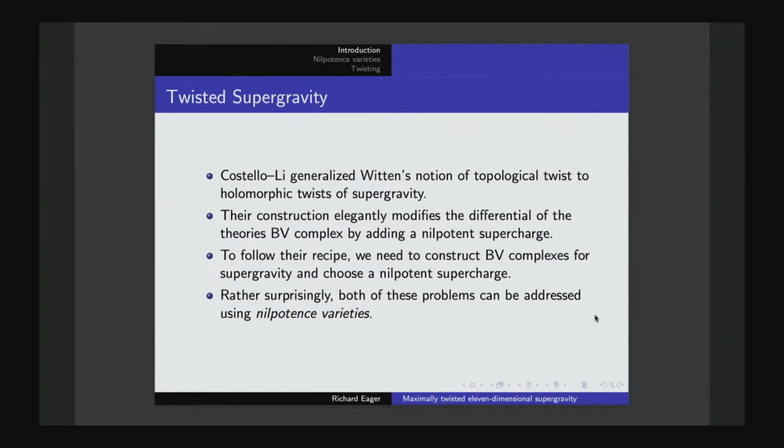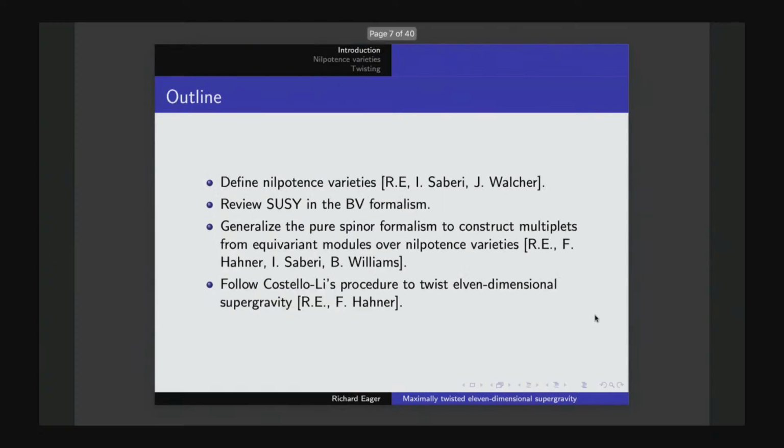And so their construction elegantly modifies the differential of the theory under consideration by taking their BV complex and adding a nilpotent supercharge, where BV is going to be the Batalin-Vilkovisky complex. And to follow their recipe, we need to construct BV complexes for supergravity and choose a nilpotent supercharge. And rather surprisingly, both of these problems can be addressed using nilpotence varieties, which generalize the pure spinor superfield technique.